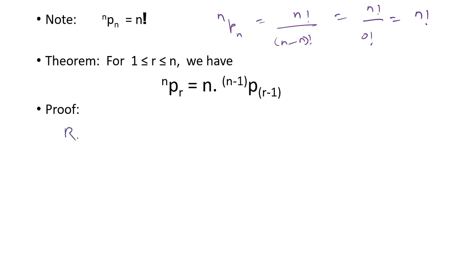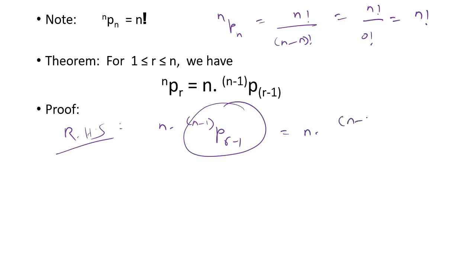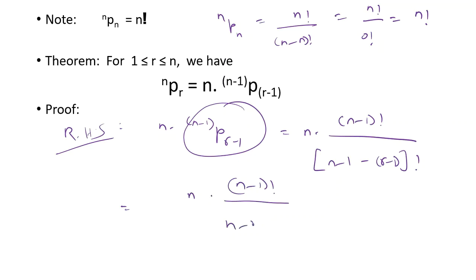So what is your RHS? RHS is n times (n minus 1)P(r minus 1). So first let us expand this (n minus 1)P(r minus 1), which is equal to n times (n minus 1) factorial upon (n minus 1 minus (r minus 1)) factorial, which is equal to n times (n minus 1) factorial upon (n minus r) factorial, and n times (n minus 1) factorial is going to be n factorial.